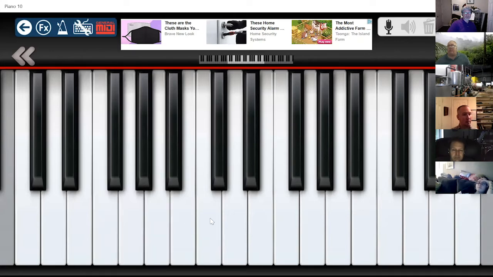The major 4th is F, A, C, and the 5th, G, B, D. So if you stick with the diatonic notes of the C scale, and you always go 1, 3, 5, those are going to be the major triads that are produced by playing only in the key of C without bringing in any chromatics. Okay?